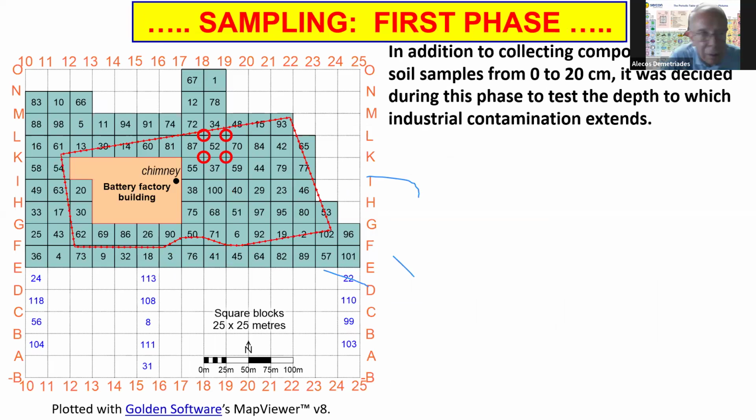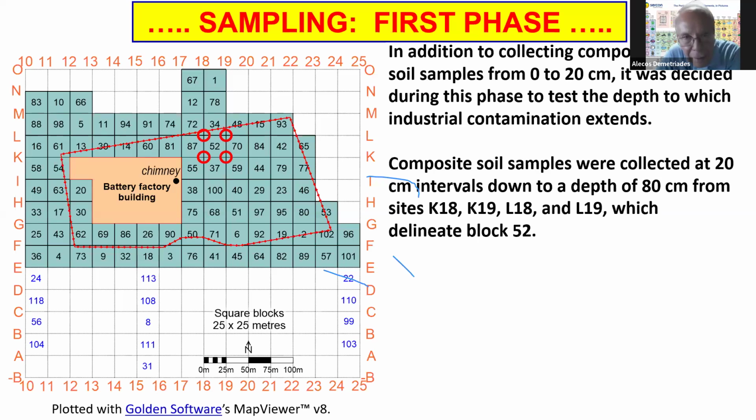Now, because I was not really satisfied with the directions from the management of the company, I decided that it was a good idea to take deeper samples at one area where there was stagnant water, around block 52.